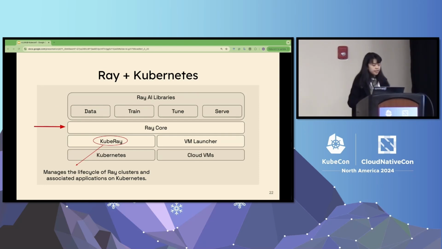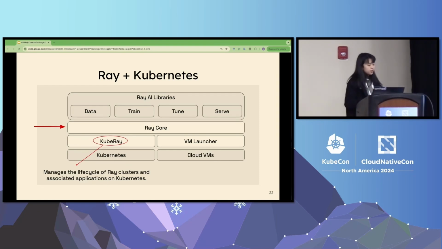Below the Ray AI libraries, you have Ray Core. The Ray Core layer includes core functionalities and integrations that power the distributed infrastructure. This layer ensures that Ray can work across various environments, from on-premise clusters to cloud-based solutions.